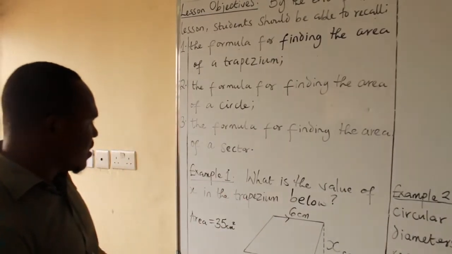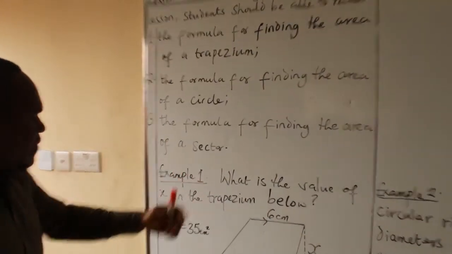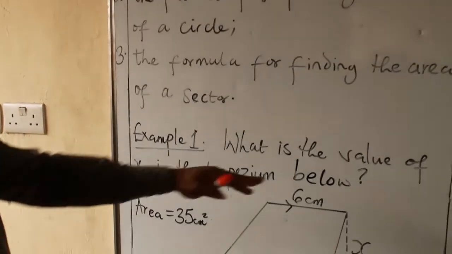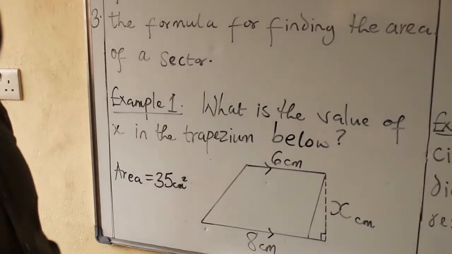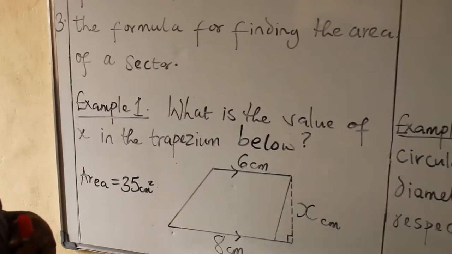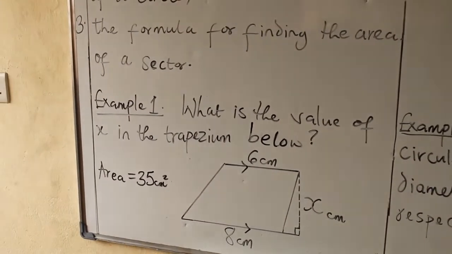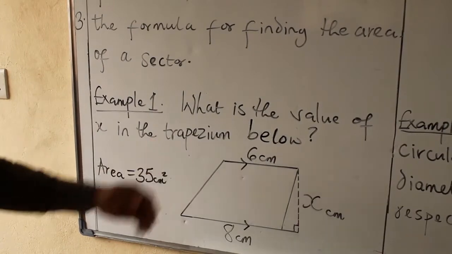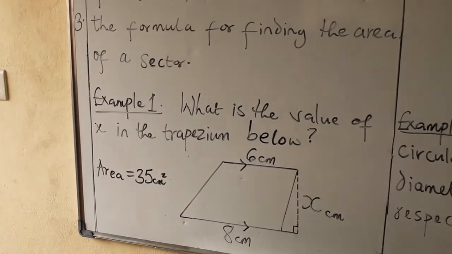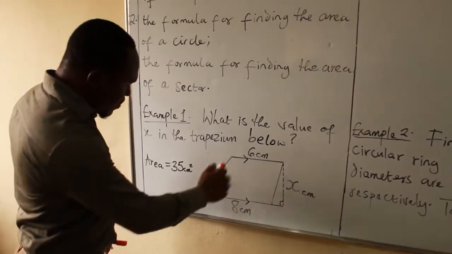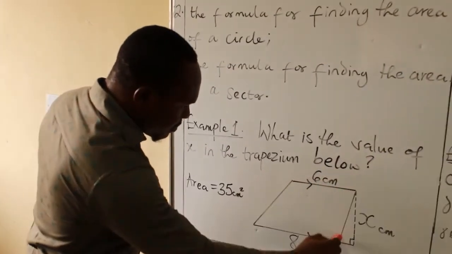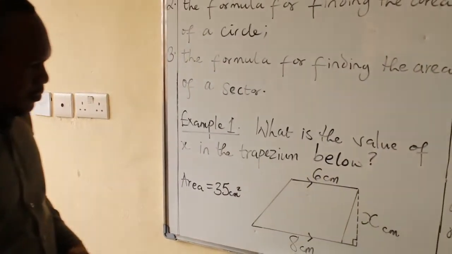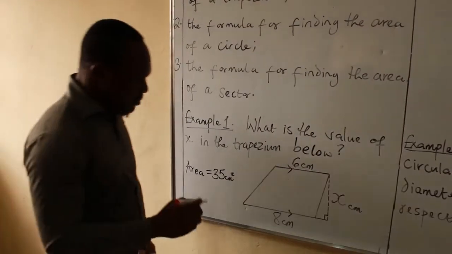As you can see here, it says, what is the value of x in the trapezium below? Now someone may ask me, sir, we have a trapezium here. We also have another trapezium here. I'll make a mark with my red pen.